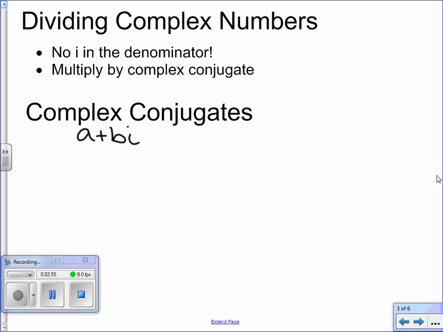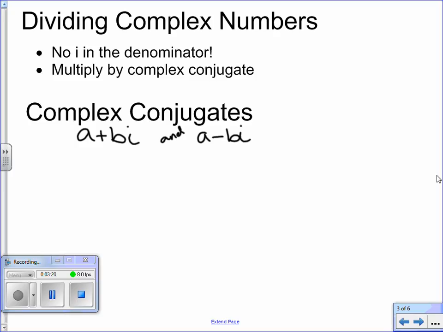So the complex conjugate to a + bi is a - bi. These two numbers are complex conjugates, where a is the same value in both parts, b is the same number except for opposite signs.